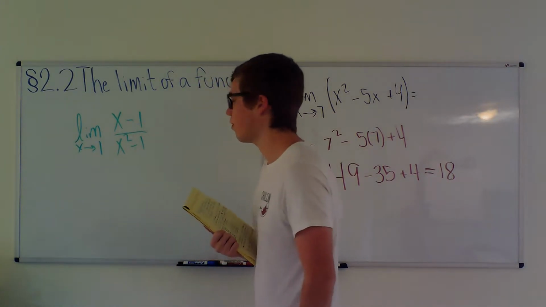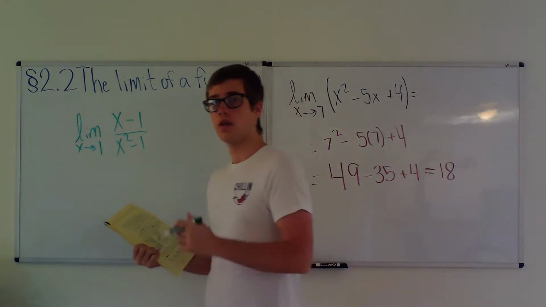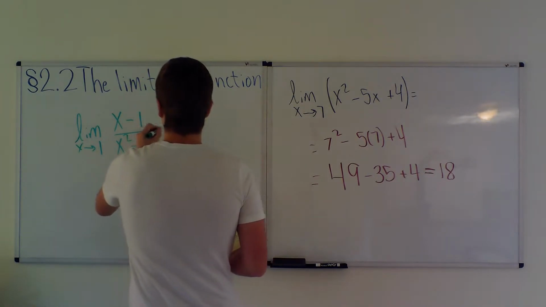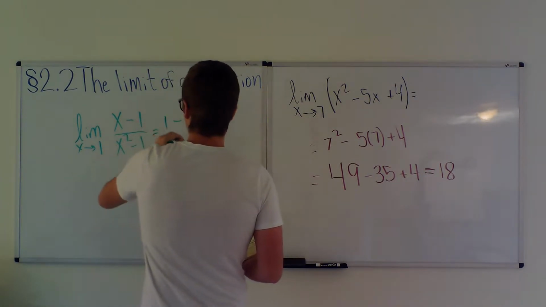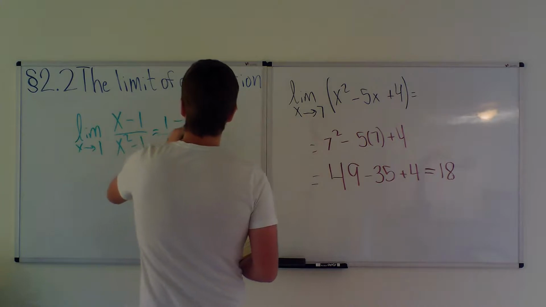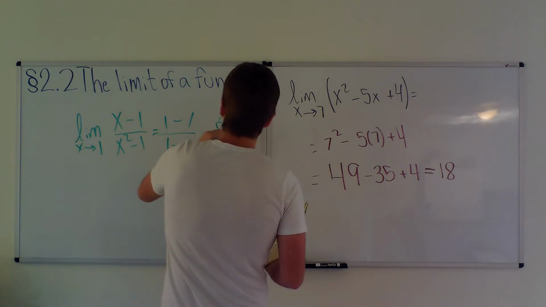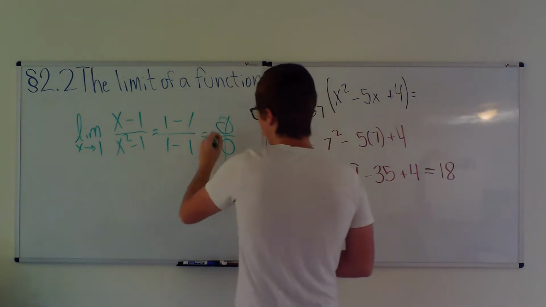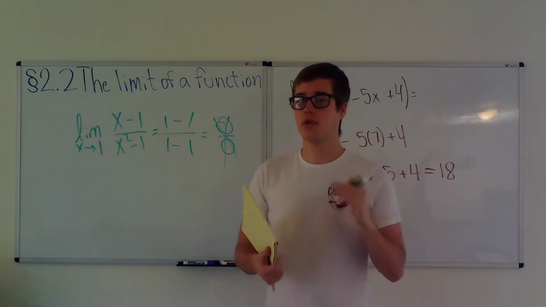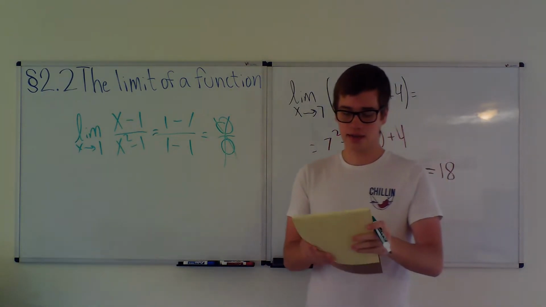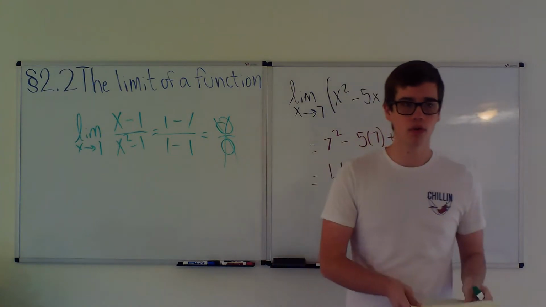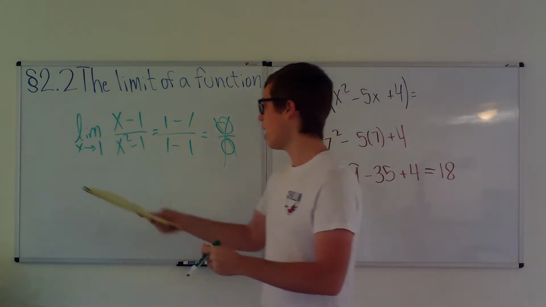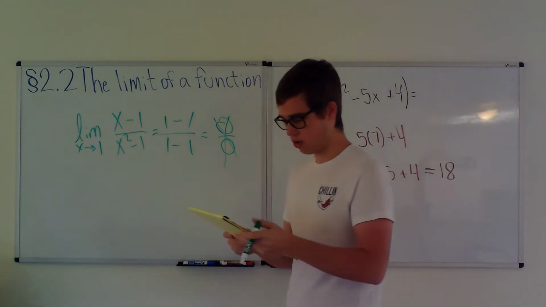If we plugged in 1, we would get 1 minus 1 over 1 minus 1, which is 0 over 0. And that's no good. We don't want that. But if you recall the definition, it's as x approaches a. So it would be as x approaches 1.